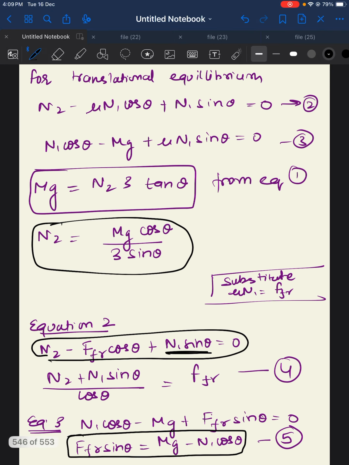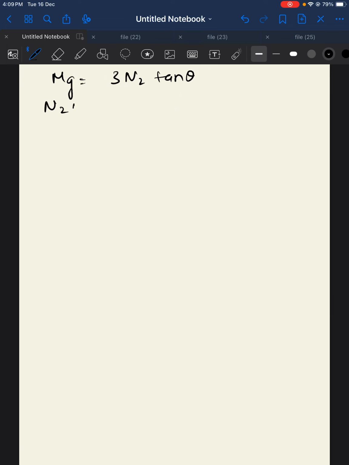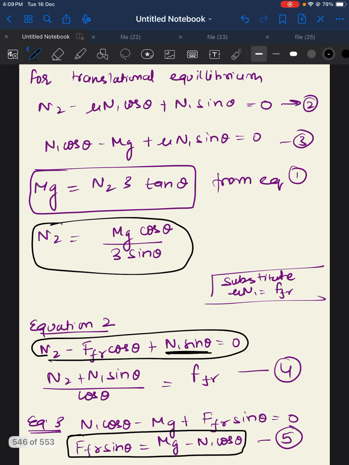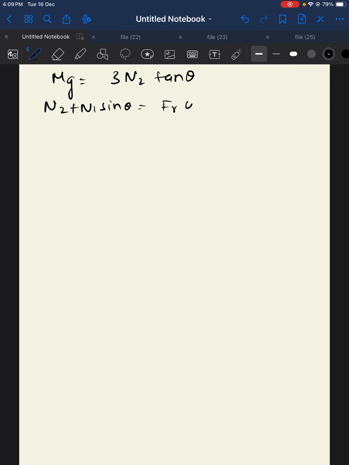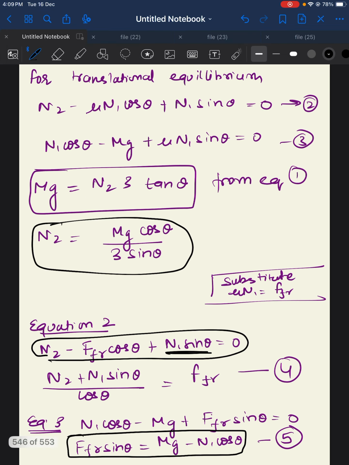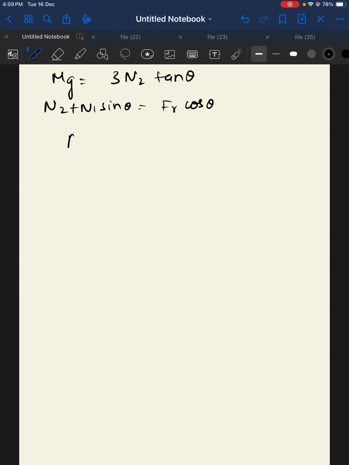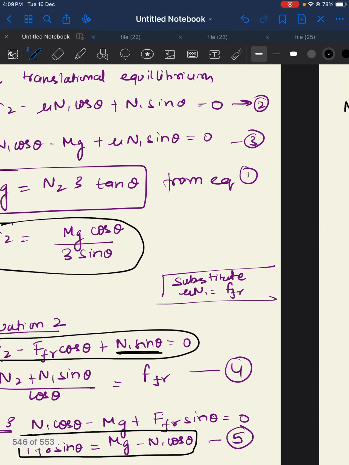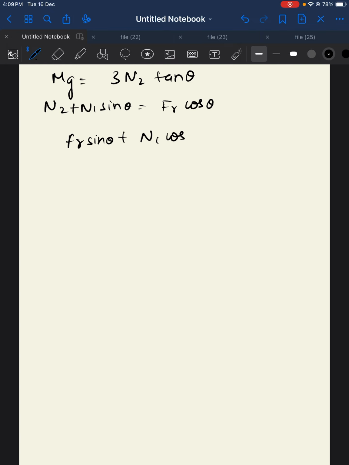The next equation we got is N2 plus N1 sine theta is equal to Fr cos theta, right? This is the second equation, and the third equation is Fr sine theta plus N1 cos theta is equal to mg, right?